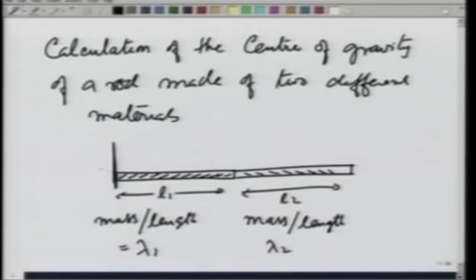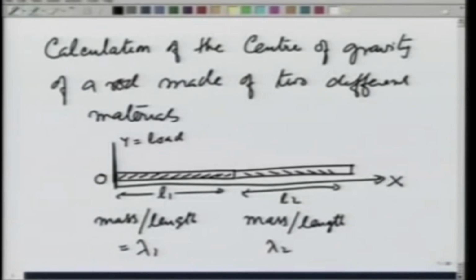Starting from this point, let us say this is our x axis, and on the y axis I will be showing the load, and this is x equal to 0. Let me go to the next page and show this rod, black here, of length L1 and blue part for the other length L2. Mass per unit length is lambda 1 here, lambda 2 here.